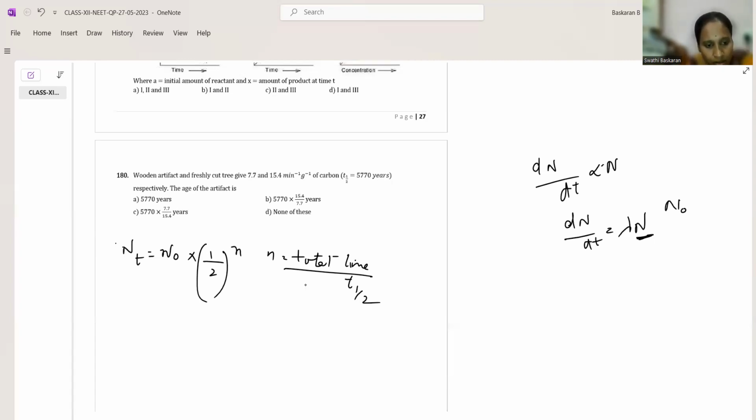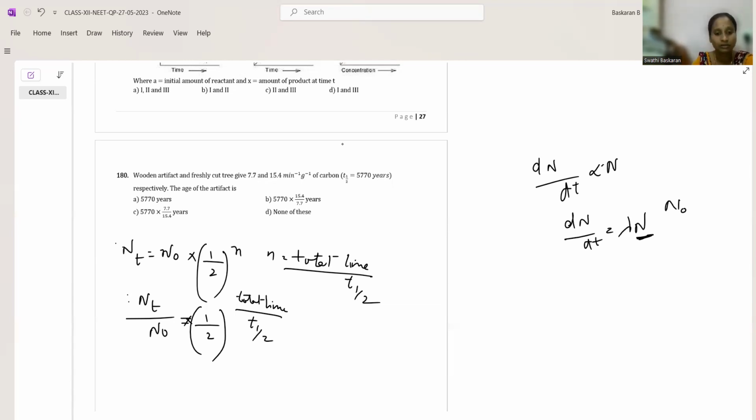This expression can also be converted to Nt divided by N naught is equal to half raised to n, where n is total time divided by t half, right? Now what is the value of Nt? As I have told you, the wooden artifact is Nt, that is 7.7, and 15.4 is the freshly cut, which will always be assumed to be N naught.